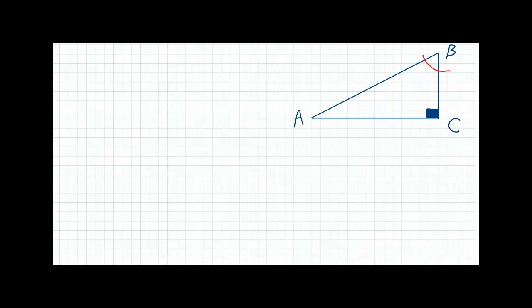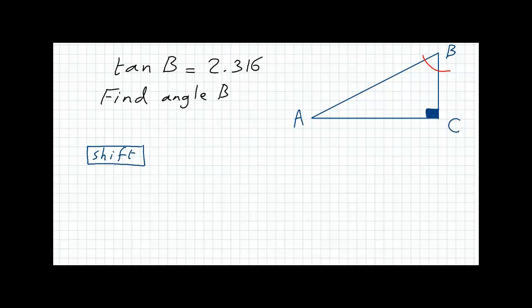Suppose that you are given that tangent of B is equal to 2.316. Find angle B. Using the calculator again, you can press shift, then the tangent button, which has the inverse tangent function over it, and then insert the number given in the question.